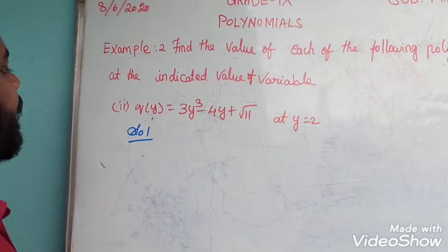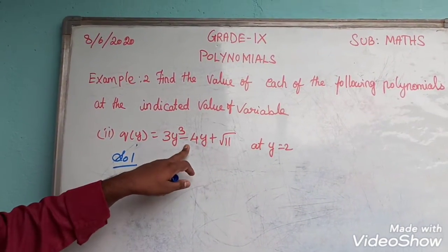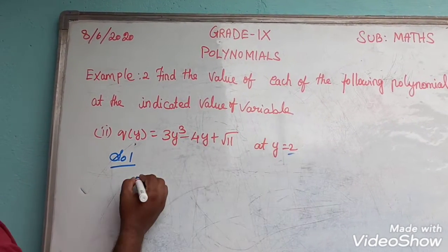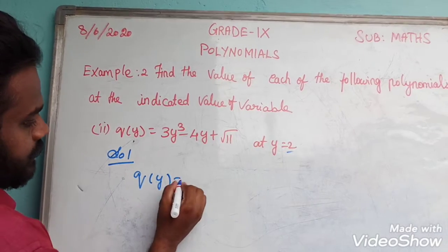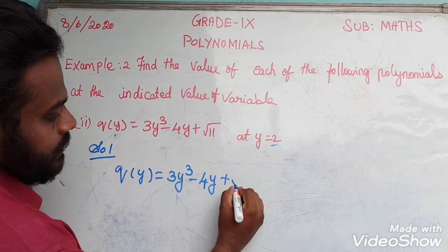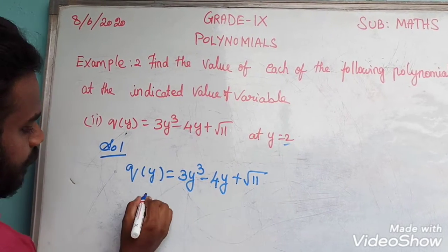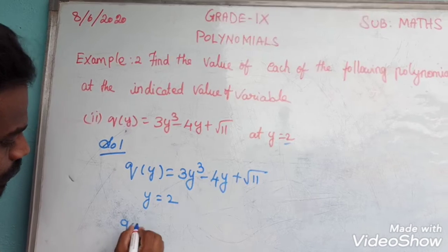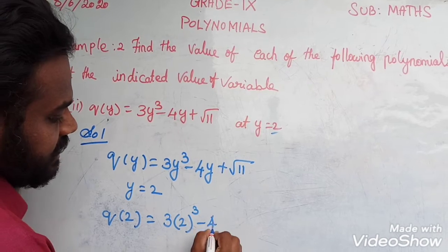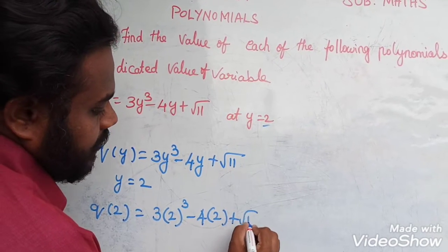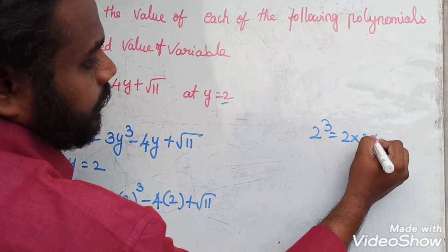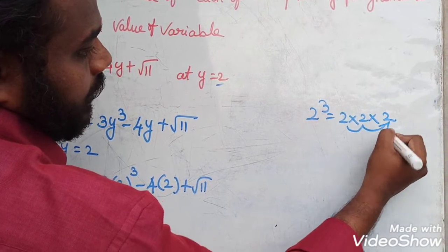Now the second question, q of y equal to 3y cube minus 4y plus root 11. Instead of y, we have to substitute 2. So q of 2 can be written as 3 into 2 power 3 minus 4 into 2 plus root 11. 2 cube can be written as 2 into 2 into 2. 2 2s are 4, 4 2s are 8.